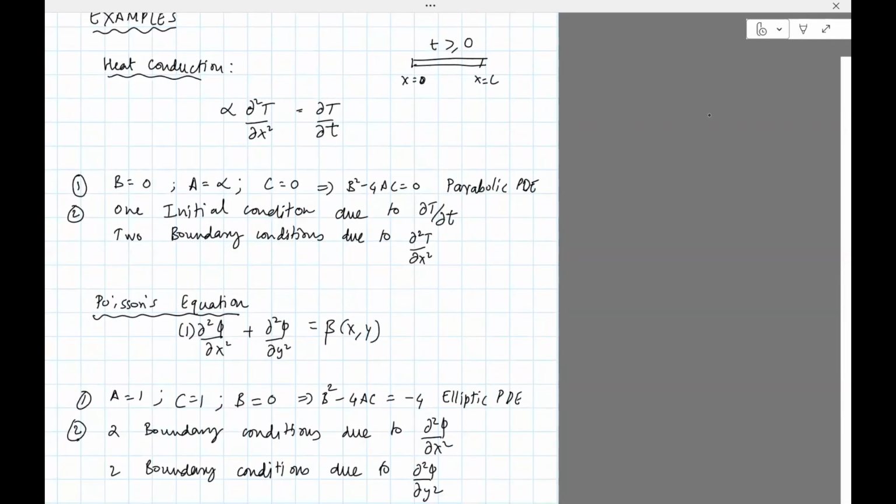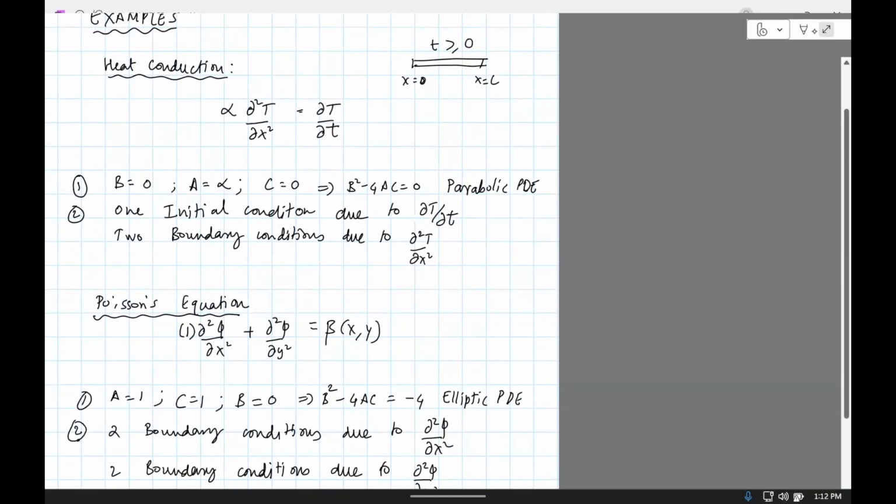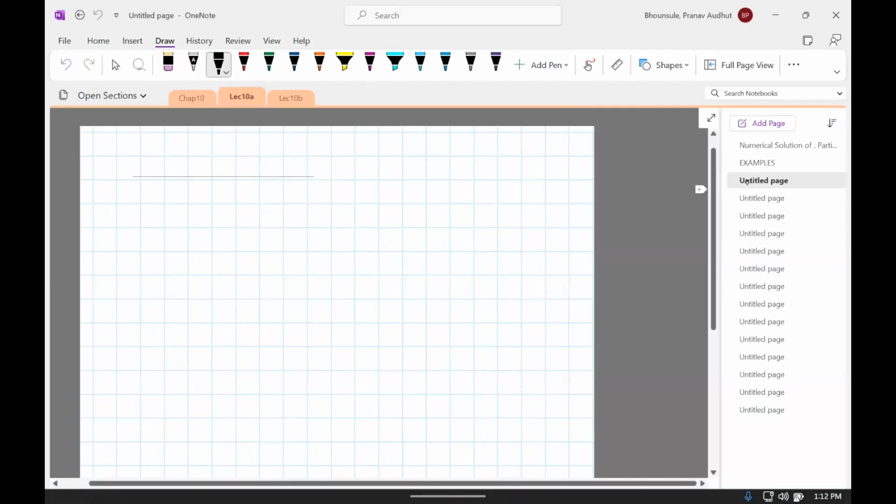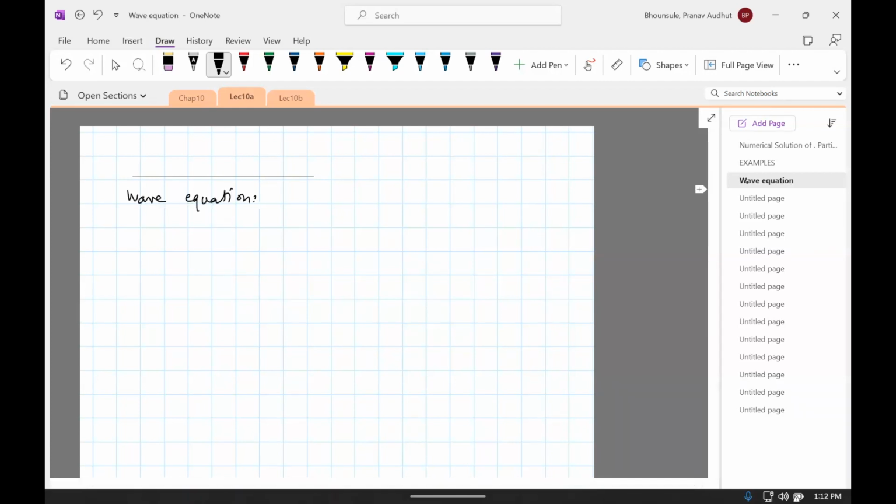Look at the wave equation. This one looks like this. d square phi dt square minus c square d square phi dx square equals 0.